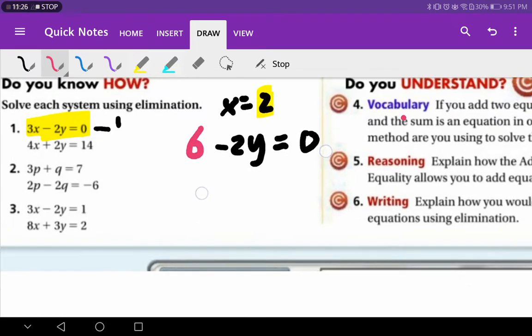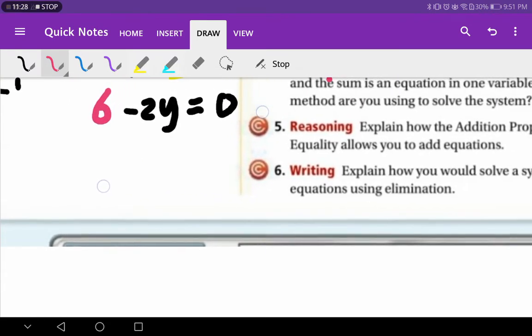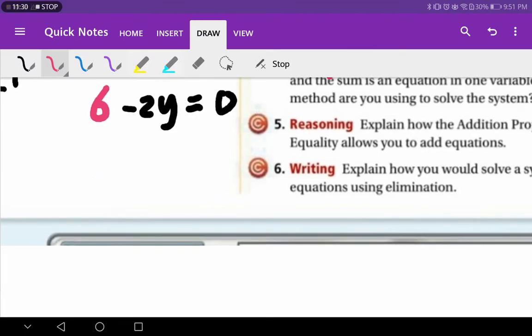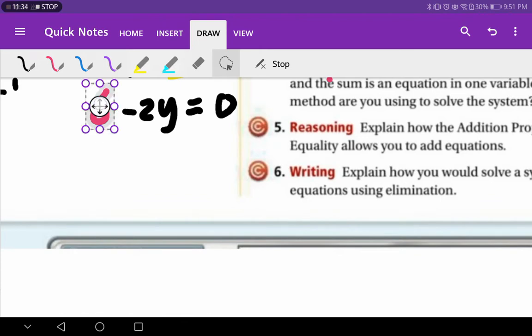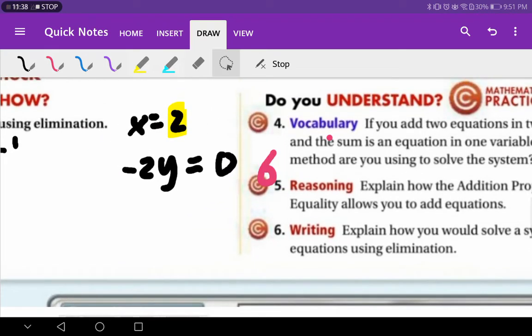Now, how can I make the y alone? Bravo. Throw the 6 to the other side and change its sign. It will be negative. So negative 2y equals negative 6.